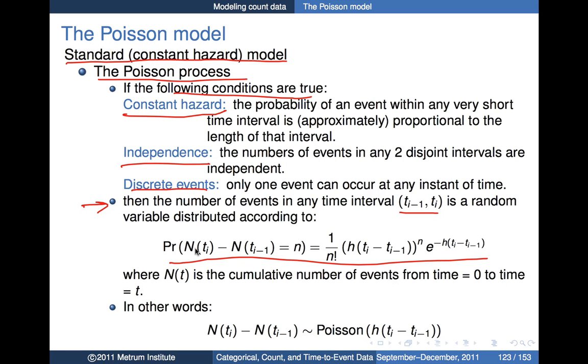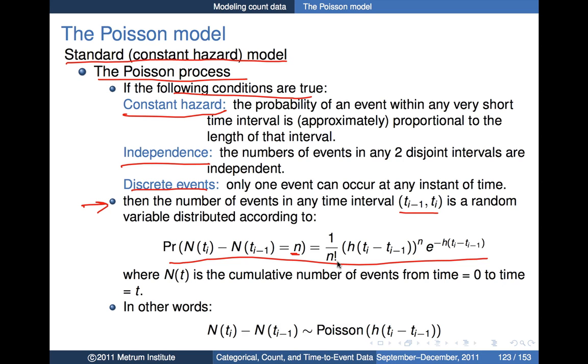Here I'm using N to represent the cumulative number of events from time 0 to time t, so that when you take this difference, N(t_i) minus N(t_{i-1}), that's just a fancy way of writing the number of events that occur during the interval between t_{i-1} and t_i. So the probability that the number of events equals some particular value n just equals what you see on the right-hand side here.